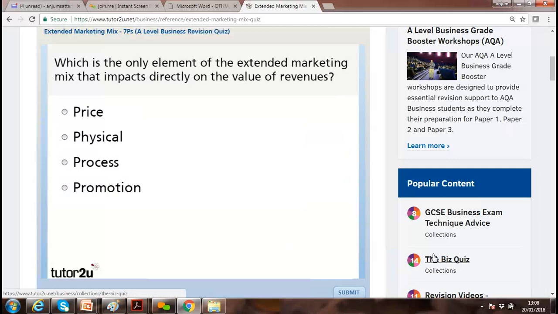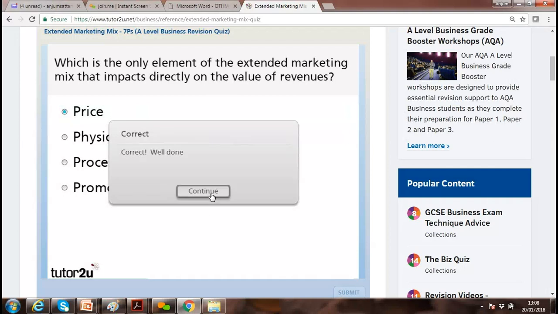Which is the only element of the extended marketing mix that impacts directly on the value of revenue? Price. Well done.